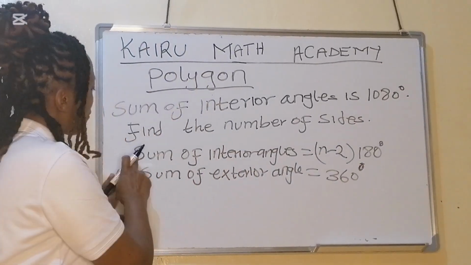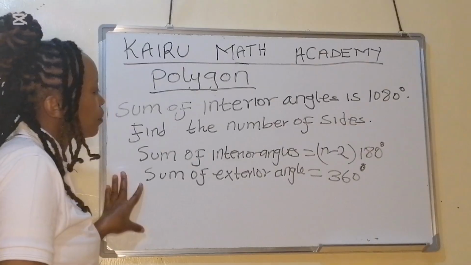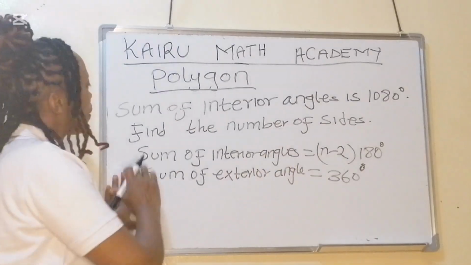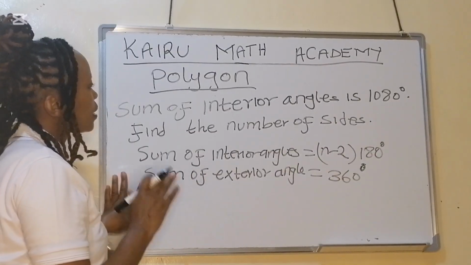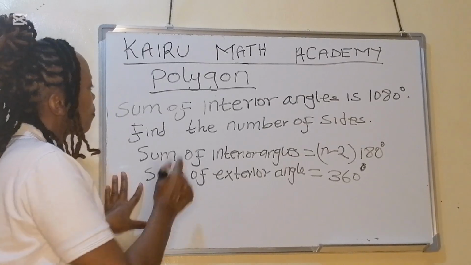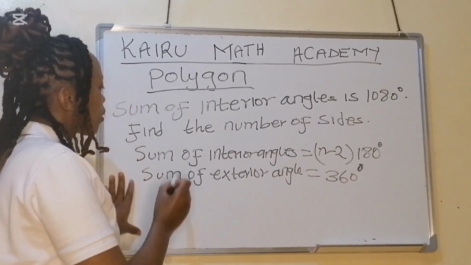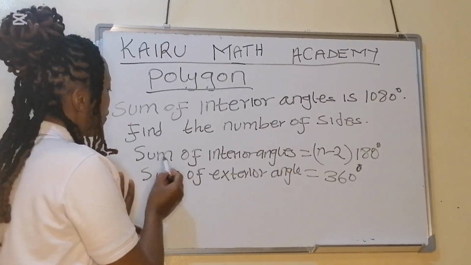So between the first formula and the second formula, which do you think we will use according to the information you have been given? Depending on this information you have been given, sum of the interior angles is 1080 degrees. Find the number of sides. We have been given the sum of interior angles, which is 1080. So we are finding n. So we are going to use the first formula.